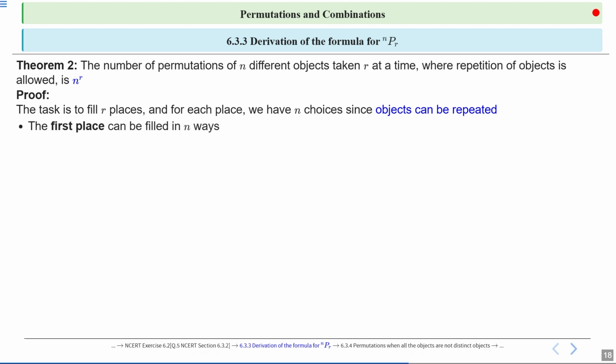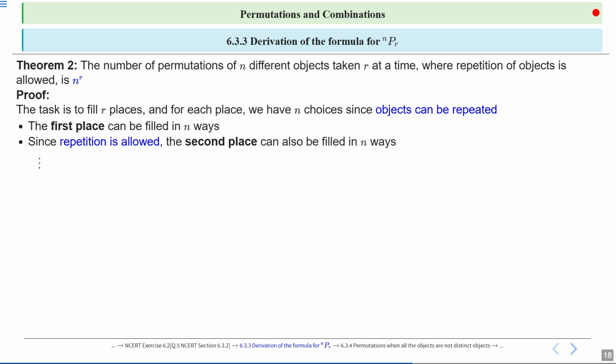To fill the first place we have n choices, so the first place can be filled in n ways. Since repetition is allowed, the second place can also be filled in n ways. Look at this pattern carefully.